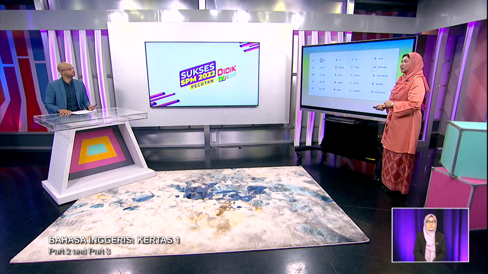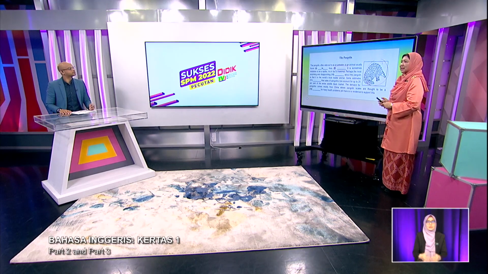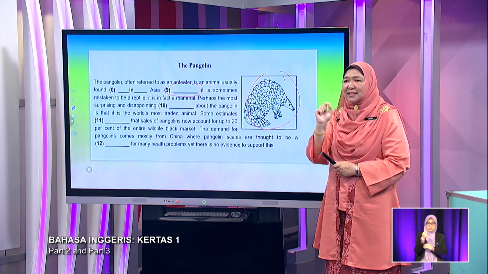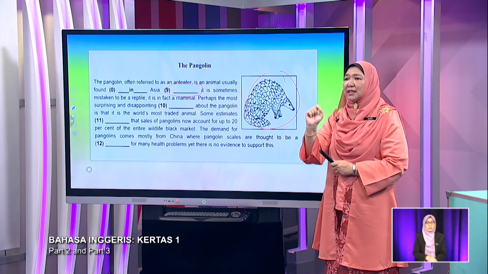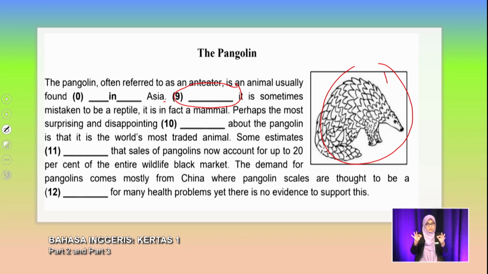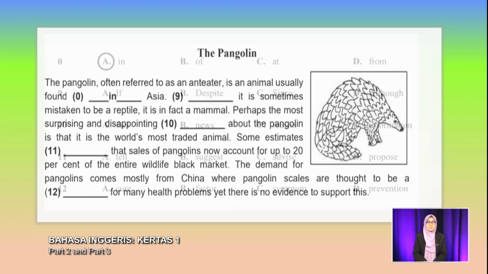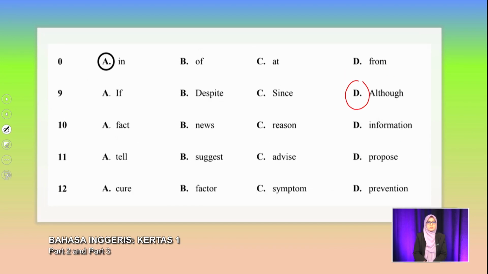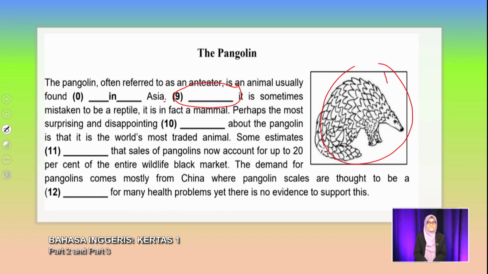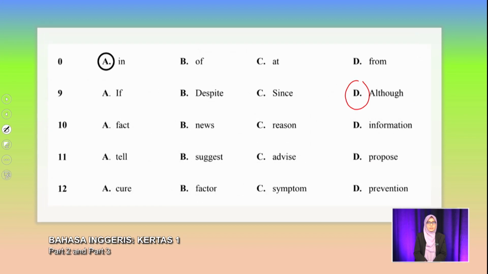Next we go to number 10. Perhaps the most surprising and disappointing blank about the pangolin. What is it? Let's look at the answers given: fact, news, reason, information. The most surprising and disappointing fact.